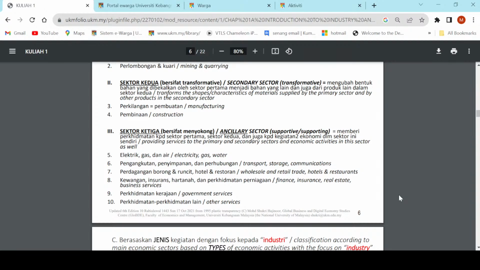According to characteristics of production, we have 3 sectors, and these are usually known in the literature, in the book. We call it primary sector, secondary sector, and the third one is ancillary or tertiary sector. T-E-R-T-I-A-R-Y.